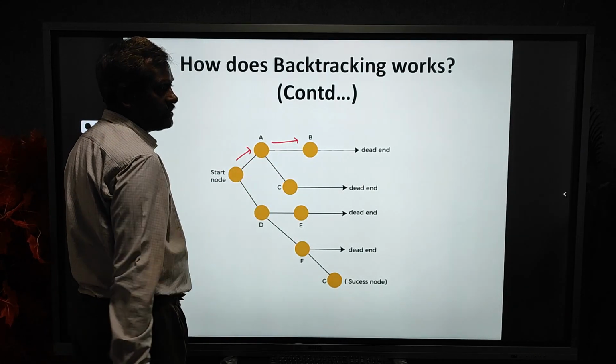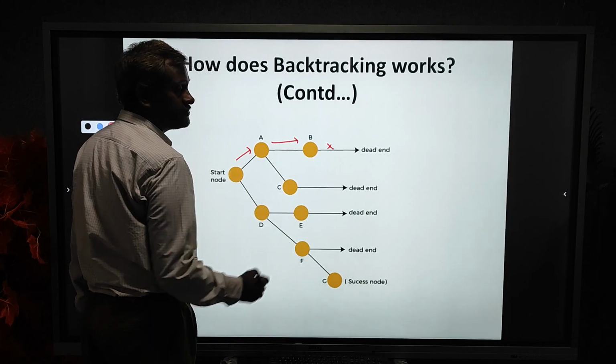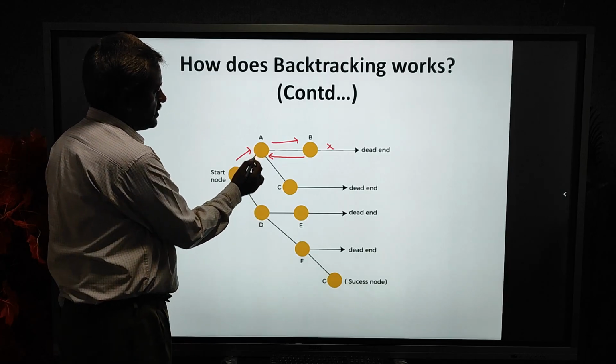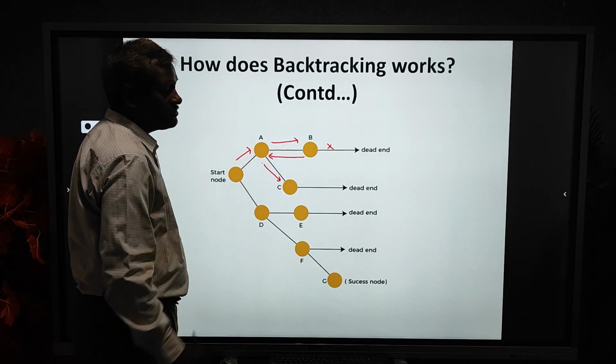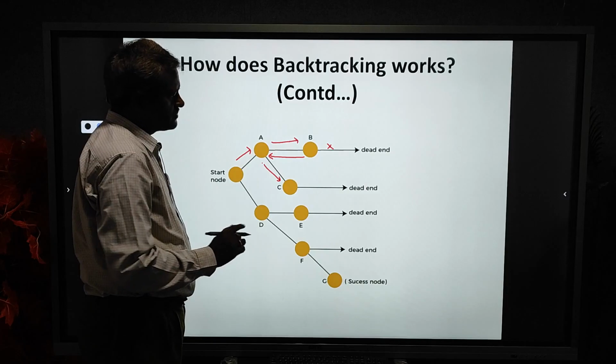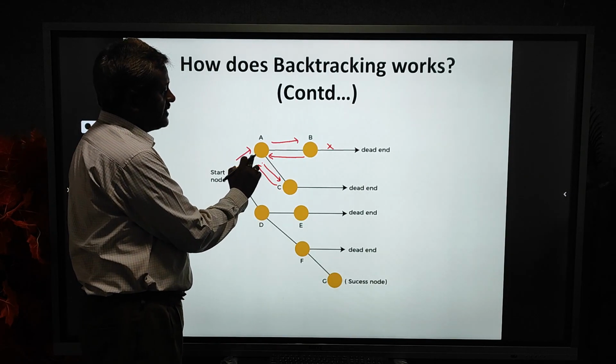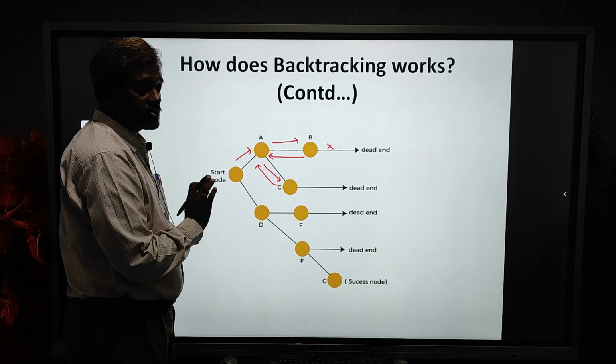I went to B. This is the dead end. So I traced back to A. Now A to C I try to move. This is the dead end. Now again I trace back to A, and in this direction there is no feasible solution.